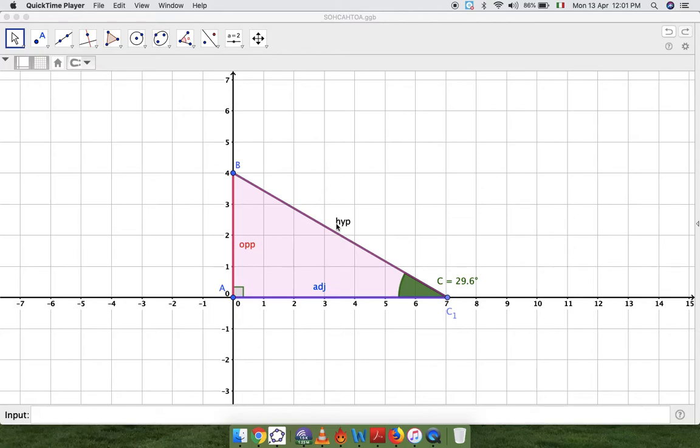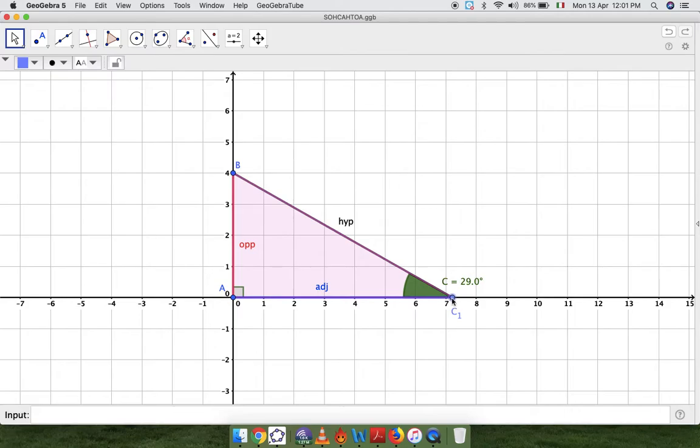Now that's going to change a little bit later in the week, maybe next week, but for now, I just have a right triangle. And I have an angle here. I called it angle C. I have my points A, B, and I called the point C1 because GeoGebra doesn't like having two different things with the same name. So this is angle C, okay, or point C, whatever.